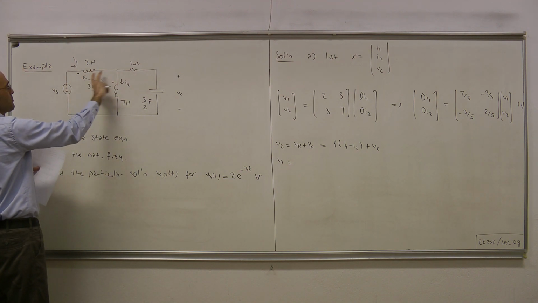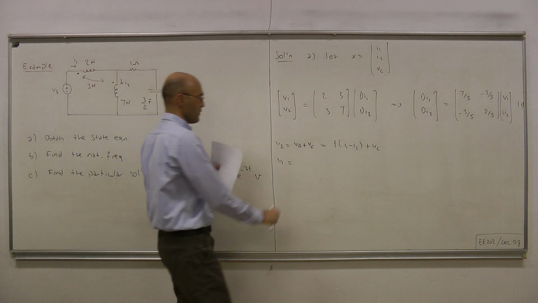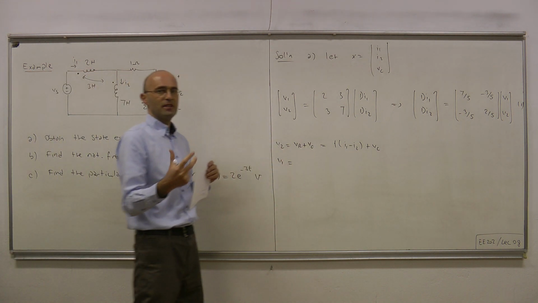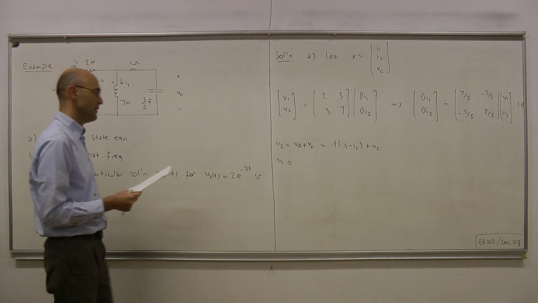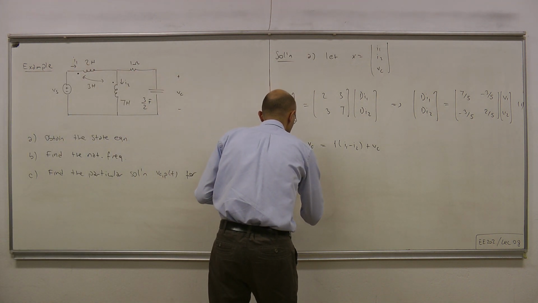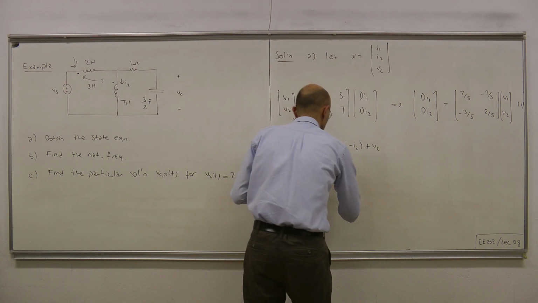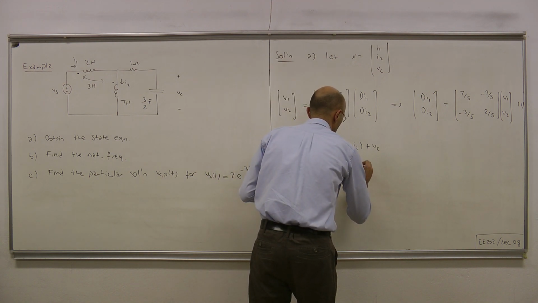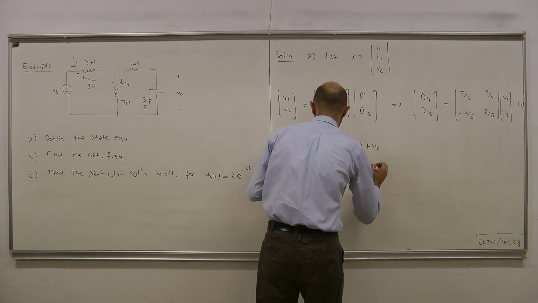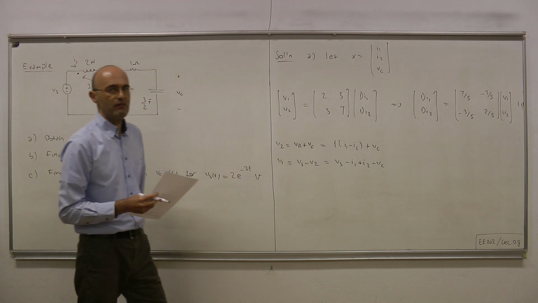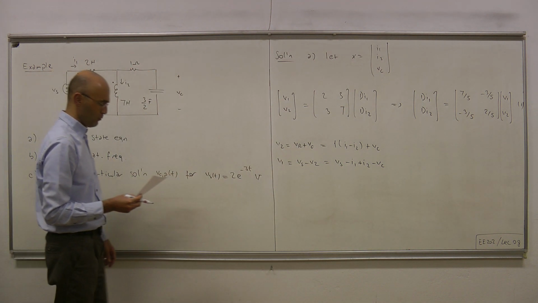Therefore V1 is Vs minus V2. So we already have V2 in terms of our state variables, so Vs minus that will give us V1 in a valid form. So V1 is Vs minus V2, and that equals Vs minus I1 plus I2 minus Vc. So we have also V1 in terms of formulation variables.